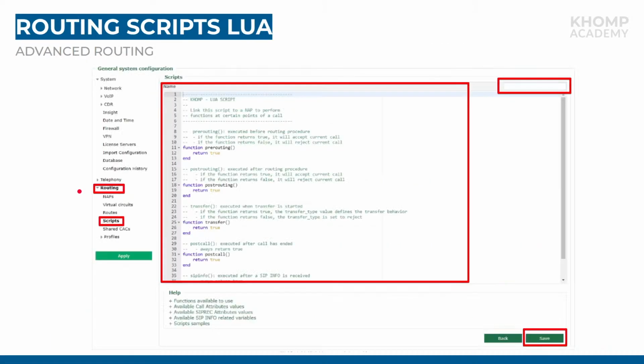And now we saw the three main routing script types that we have in our flow. I didn't put an example of the transfer function, but it could work exactly like this one.